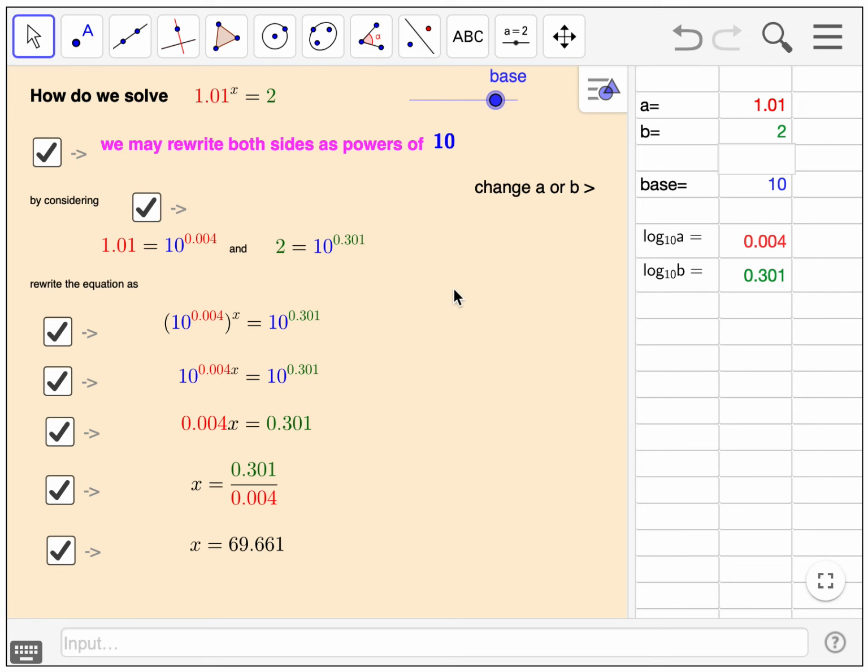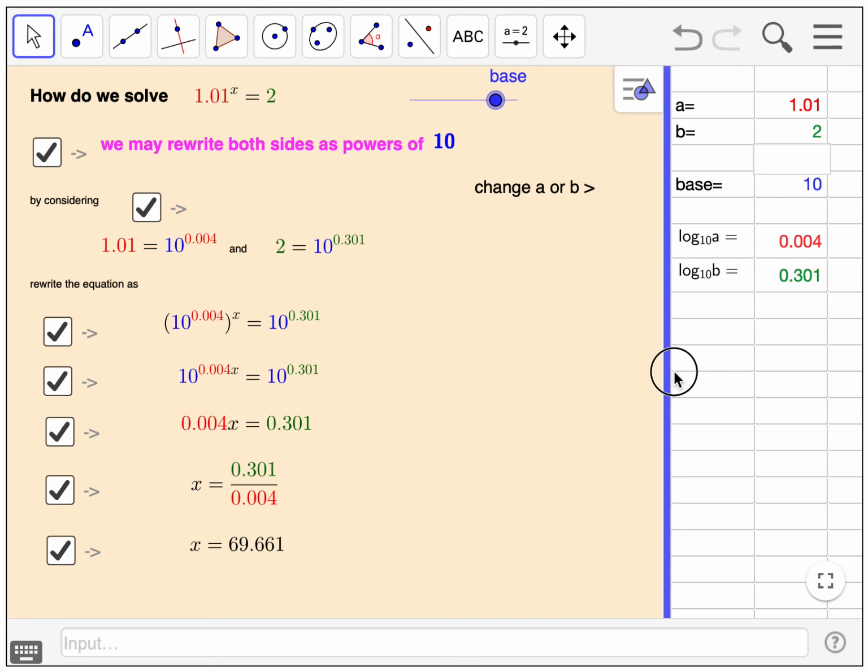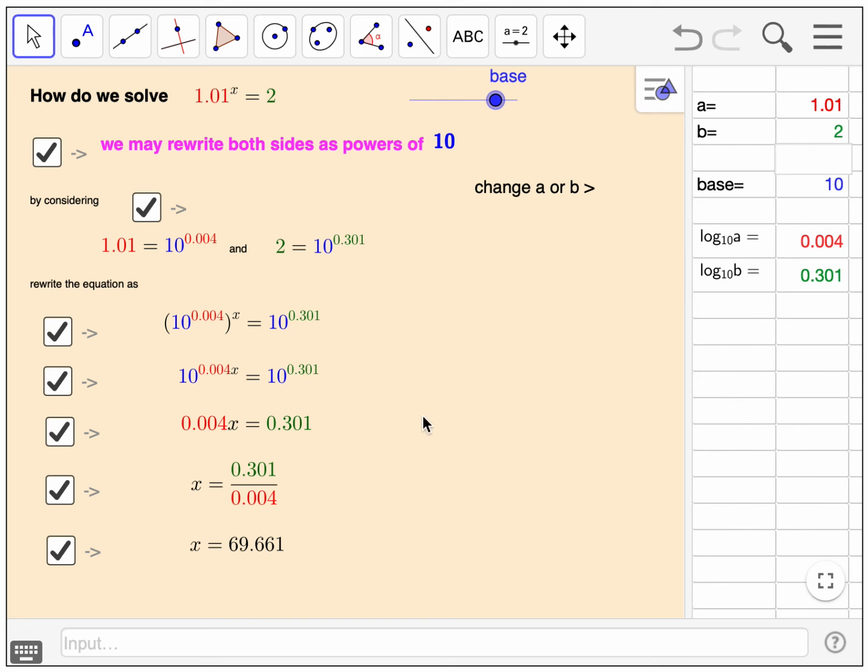By the way, when you are using this tool yourself or together with other people, you can concentrate on the logarithm values and do the calculation here, or you can hide it if you don't want to show the logarithm at the beginning, and start with some basic equations with convenient integers. You can put aside the logarithm for the time being, but later on, seeing more generally how the logarithm works will help you understand the basic ideas of exponential equations. So go ahead and have a try and see whether this tool will be useful for you.